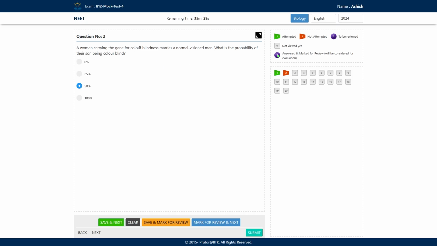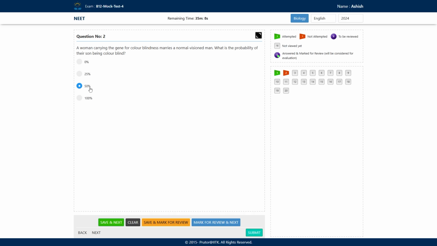Now the female is a carrier, means females have X and X chromosome, they have a pair of X chromosomes. Now this female, which is a carrier, can either transmit the X chromosome having the color blindness gene, or she can also transmit the X chromosome having the normal gene.